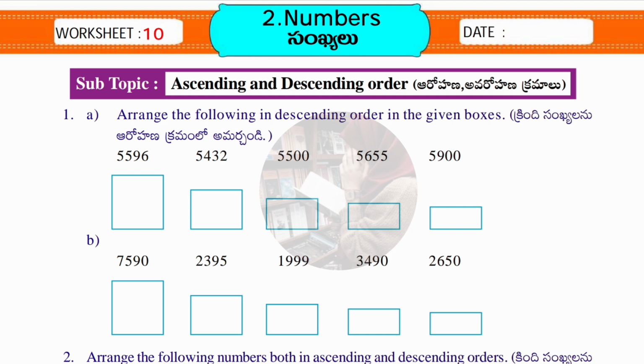If you observe carefully, the blocks are in a descending form itself, means bigger, smaller, smaller, smaller, and then last smaller, like that. So biggest number is 5,900, then 5,655, then 5,596, then 5,500, then 5,432. In the same way, second one also we have to do in a descending order.